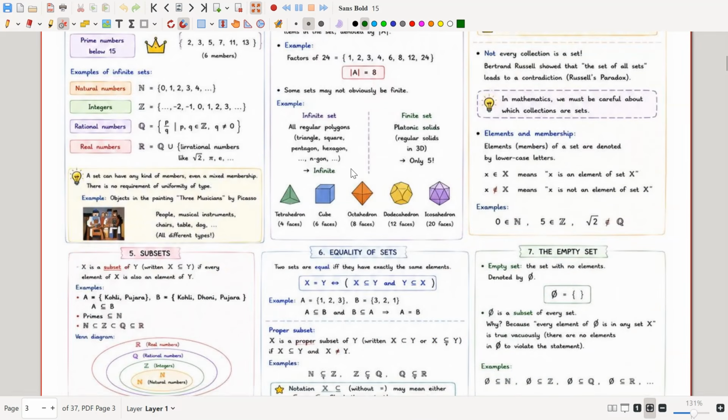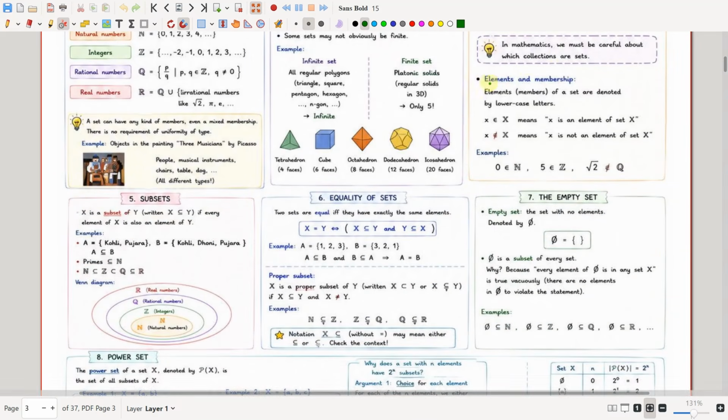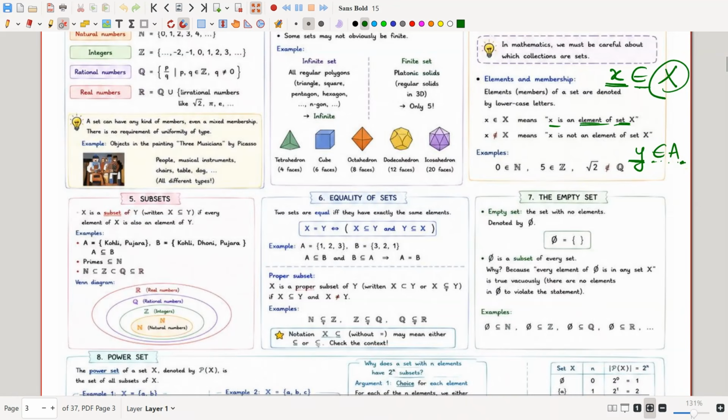See here, elements and membership. If this symbol is written, it means that x belongs to the set X, which means that x is an element of the set X. If I write y belongs to A, this means that y is an element of the set A. Always remember to write the sets in capital letters and all the values inside the set in lowercase.